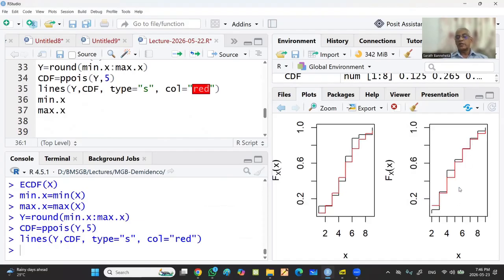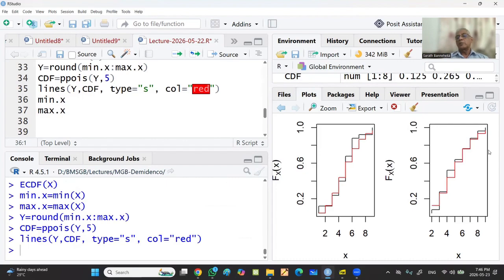You can see that the theoretical CDF here and here are the same, because I have calculated it using the same Poisson 5 distribution.